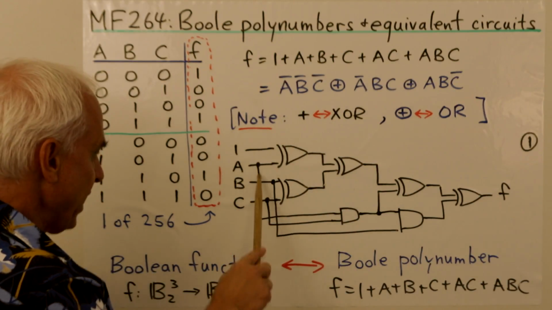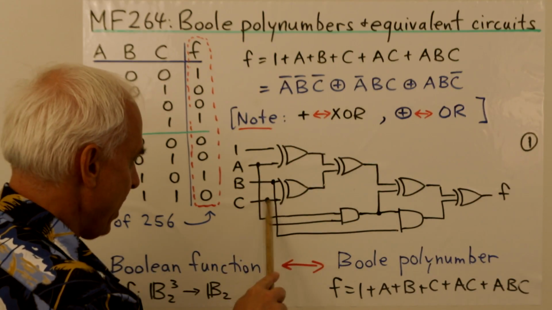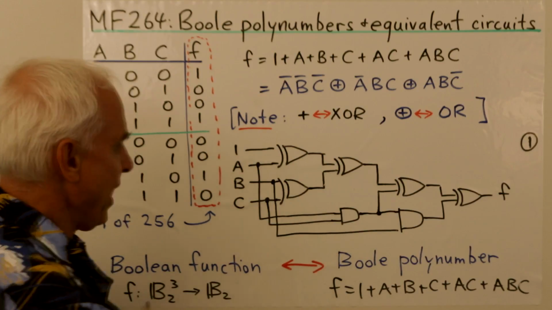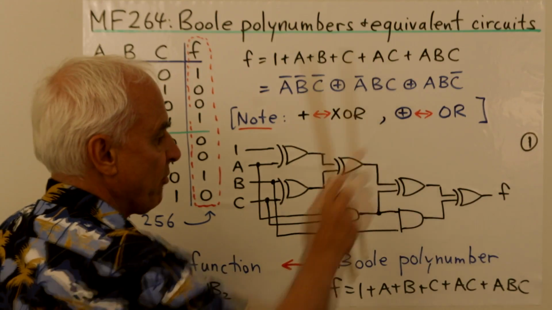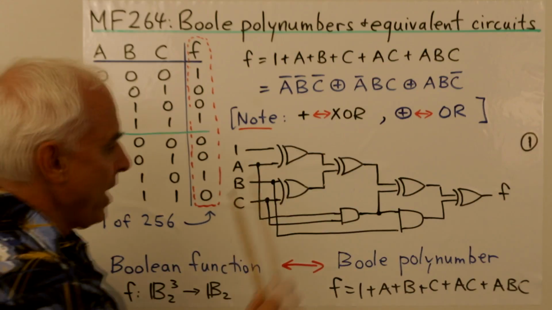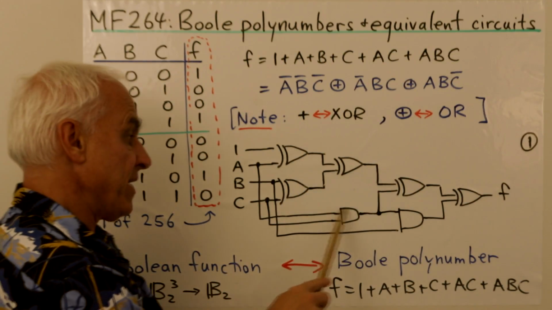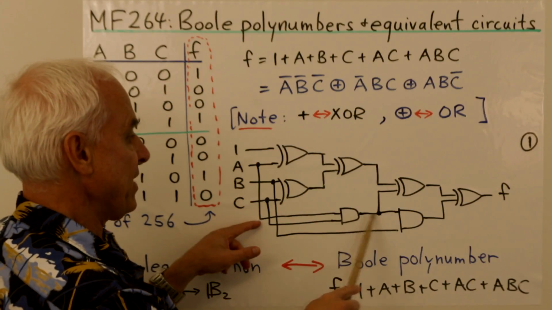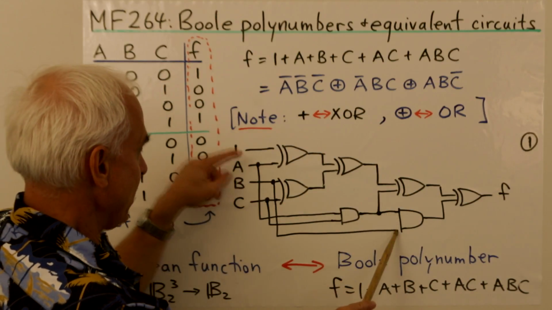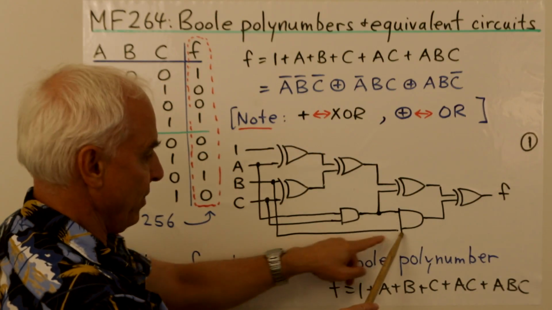AC, we route A down here and combine it with C. And there's an AND gate representing the product. And this product here, ABC, one way of expressing that is to take the output of the AC that we've had and make another AND with the B. So there's a B coming in there.